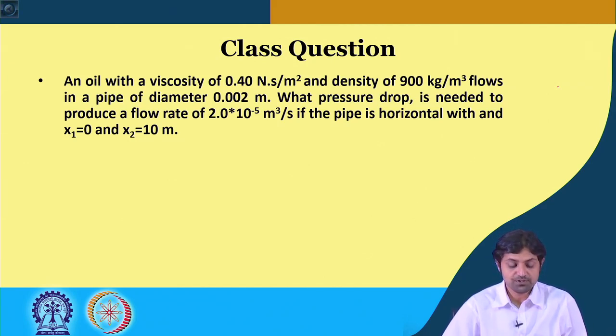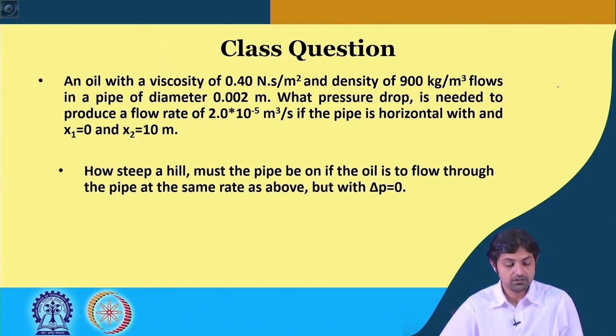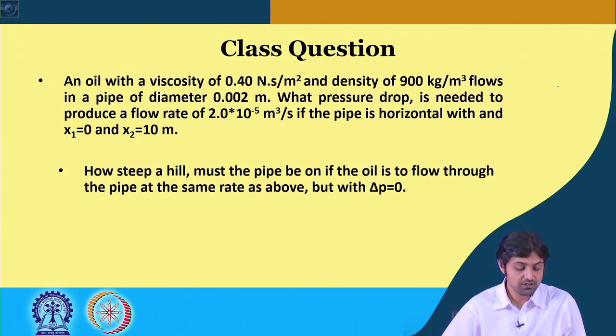What pressure drop is needed to produce a flow rate of 2 into 10 to the power minus 5 meter cube per second if the pipe is horizontal with x1 equal to 0 and x2 equal to 10 meter? That is the first question. Another question is, how steep a hill must the pipe be on if the oil is to flow through the pipe at the same rate as above with delta P equal to 0?